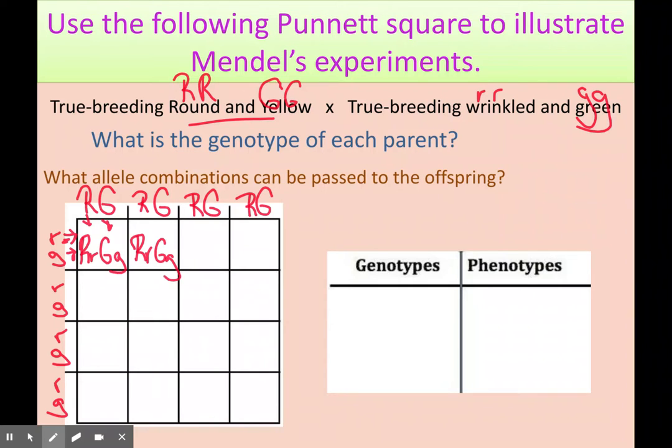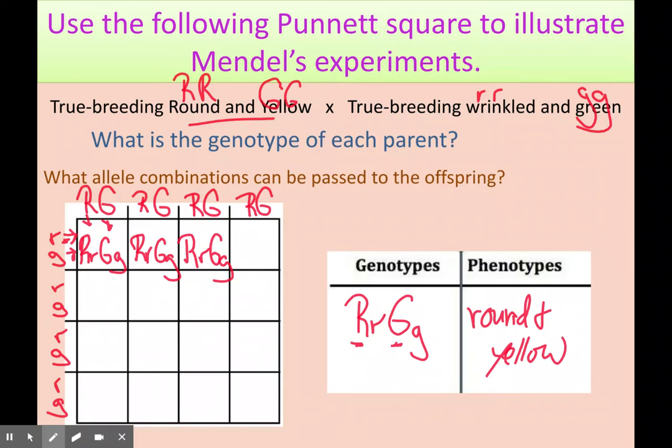So every single one of these, I can fill them all in, but they're all going to be big R, little r, big G, little g, which means they're going to be totally heterozygous for round and yellow. 100%.